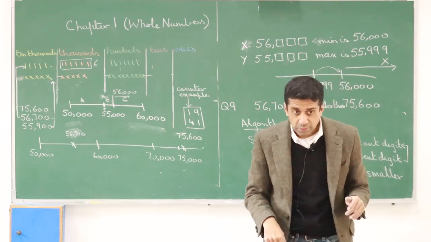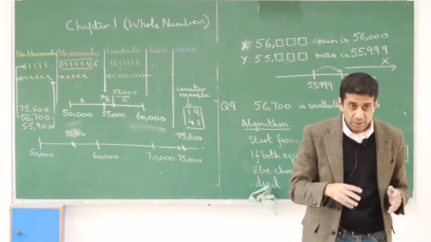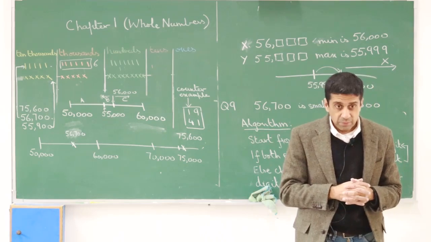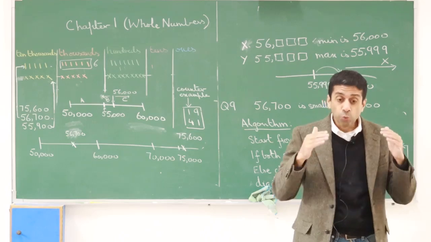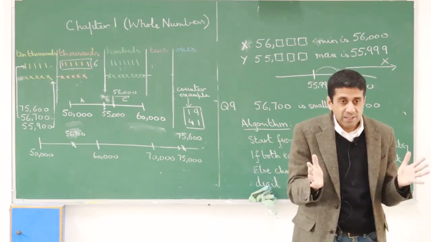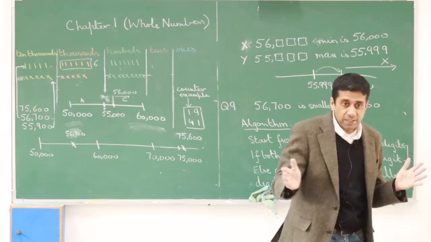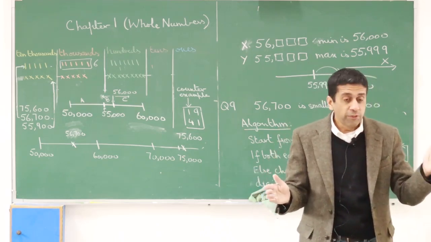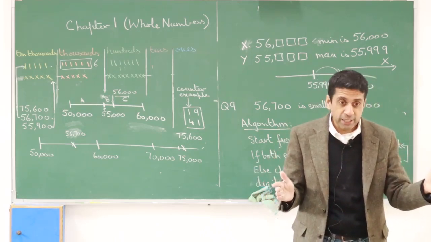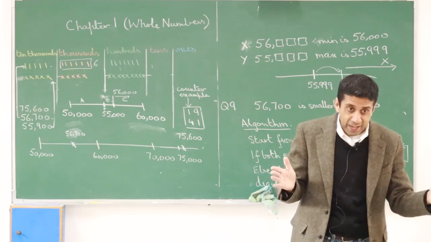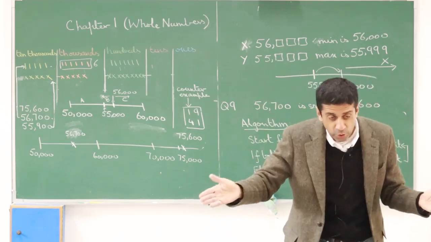No. No? 55,999 would be worse. It's worse, right? So you have two paths, either take the 56 path or the 55 path. The best possible scenario of 55 is worse than the worst possible scenario of 56,000.